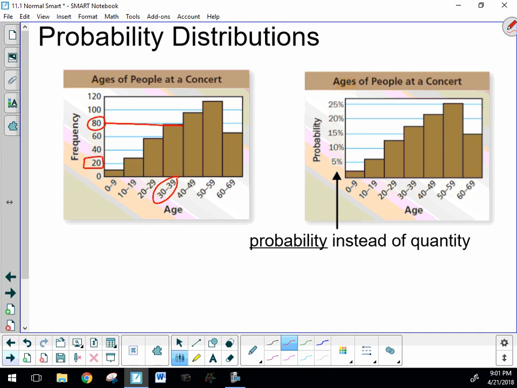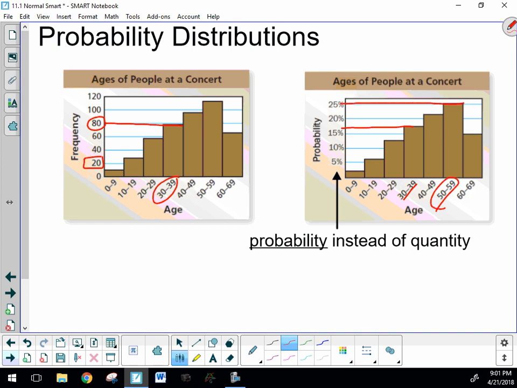And the second one, instead of listing the number of people, lists the percentage. So for that same age group, 30 to 39, that would be probably something like 17% of the total group. And then in age group 50 to 59, that looks like it's right around 25% of the whole group.